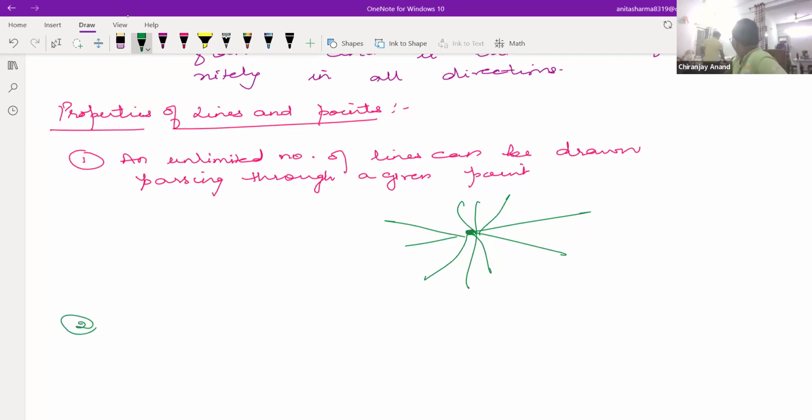Done, ma'am. Chiranjeev, what happened? Nothing. Okay, very good. You have written this property. Advik Panjugla has written. Nowadays Advik has started writing very fast, right?